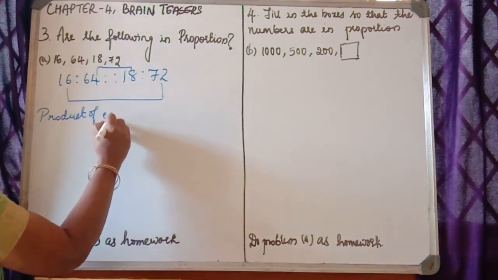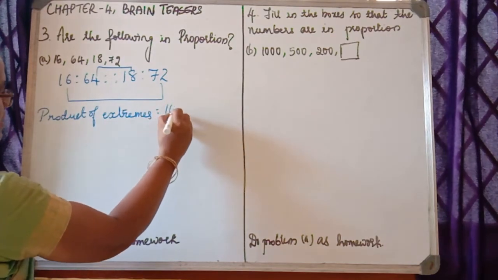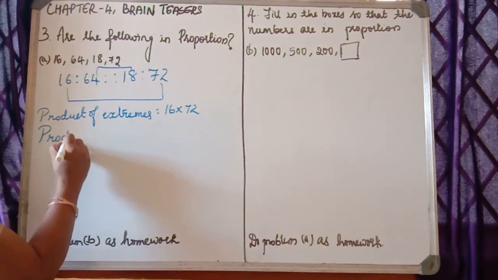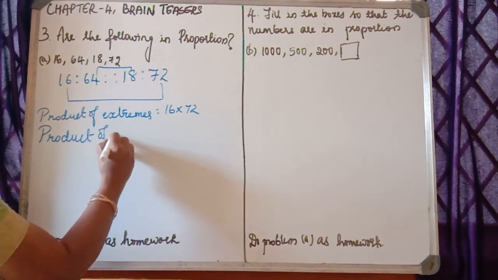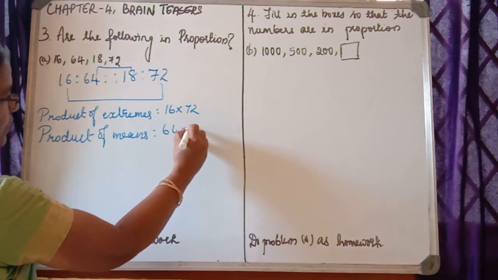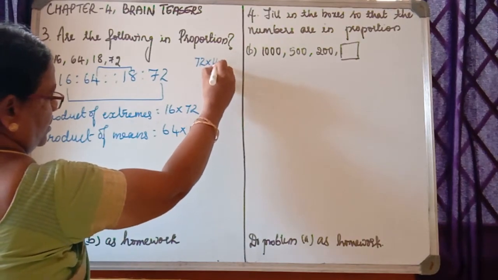Product of extremes, what is that? 16 into 72. Product of means, what's that? 64 into 18. Now we are going to solve 16 into 72.